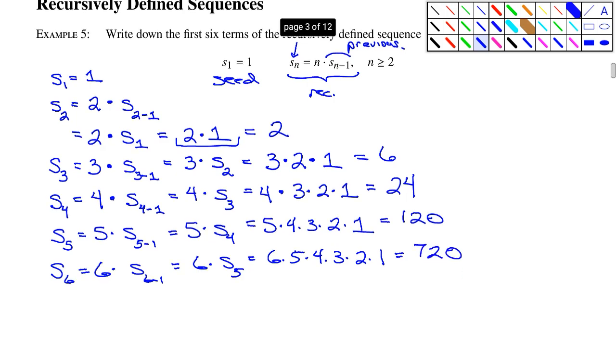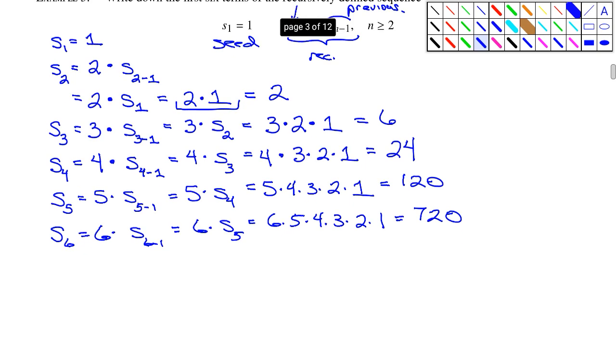Now you may have seen numbers like this before. These numbers are called factorials. So the above is the definition of factorials. And the symbol for factorial is you take the number and you put an exclamation mark beside it.